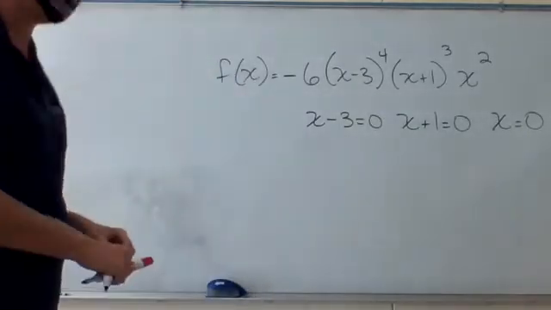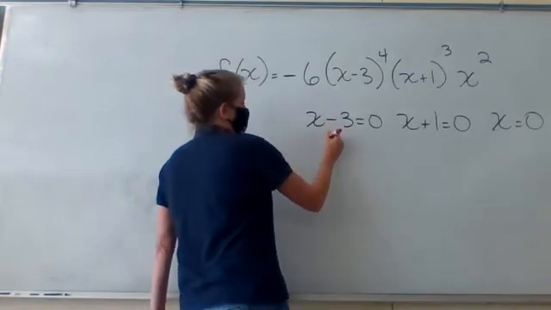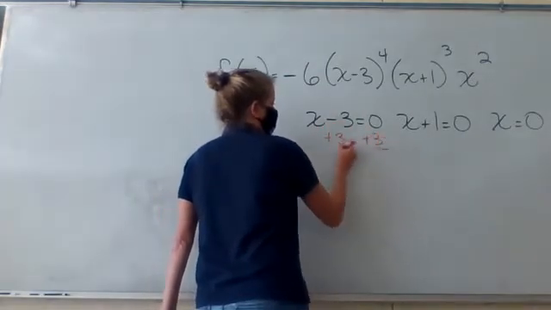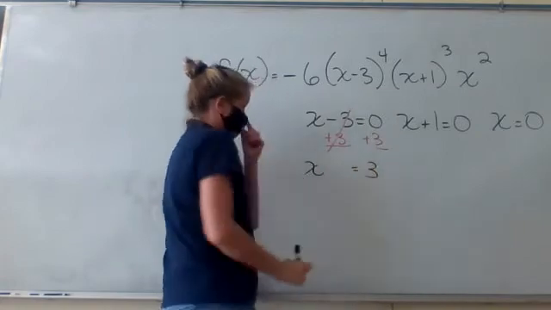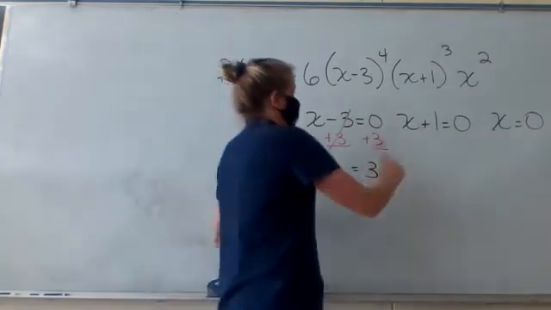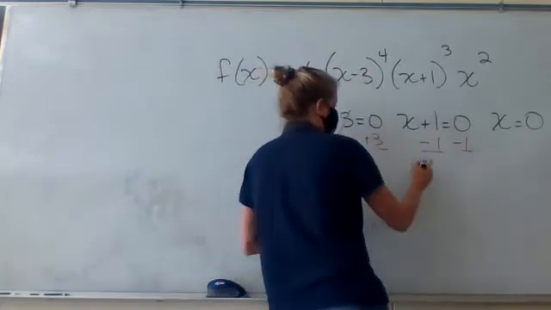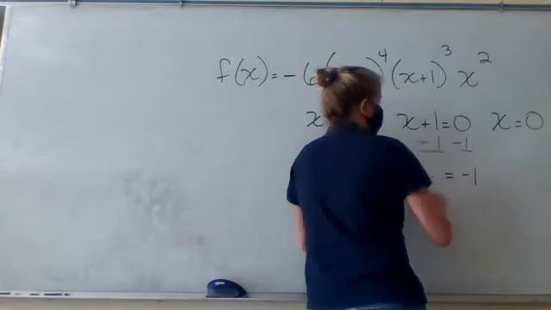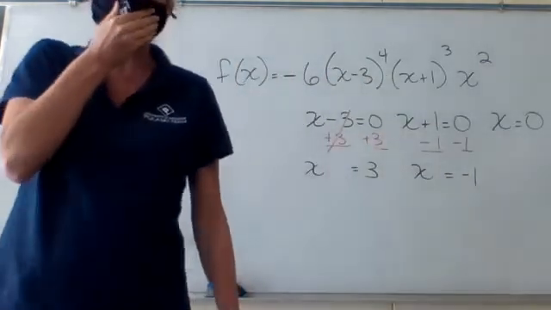Let's solve them. To solve this one, I need to add the 3 to both sides. So x equals 3. This one got +1, so I'll subtract 1 from both sides. So x equals -1. And that one's already solved. x equals 0.